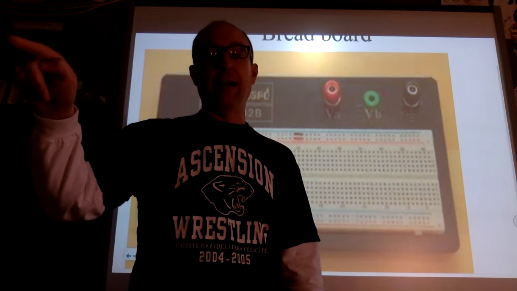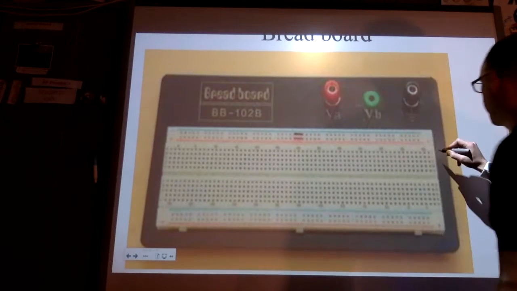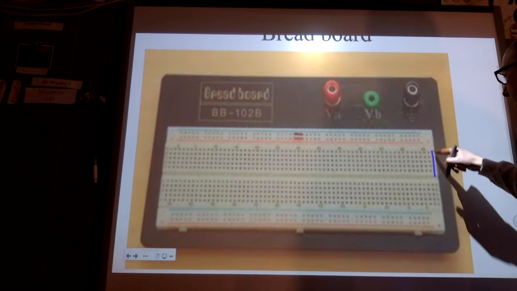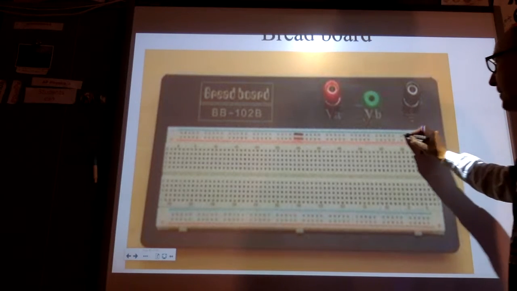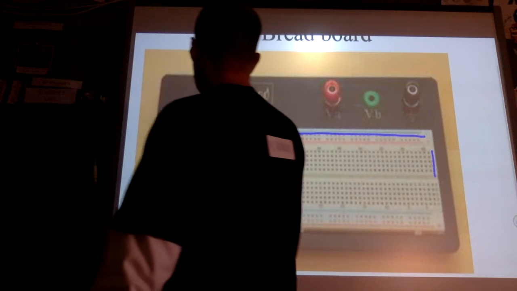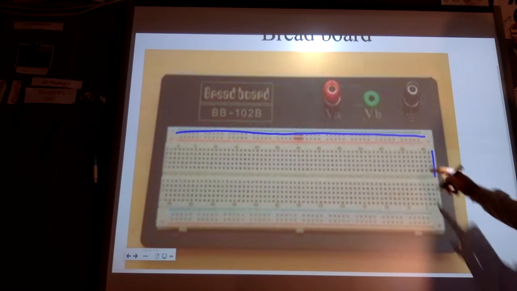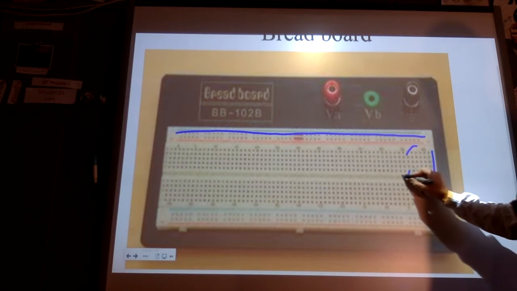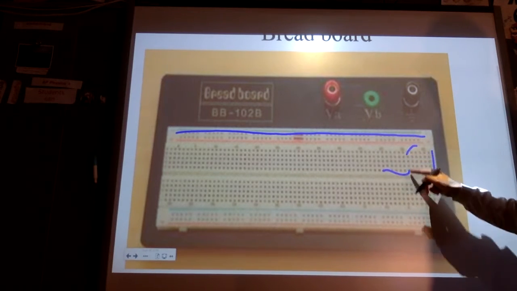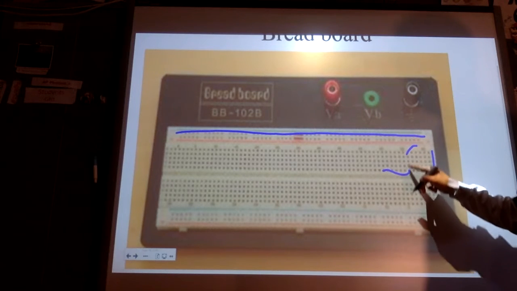So if you put a wire in, it'll hold that wire in that one spot. On these breadboards, all of these are connected to each other, all 5 of these across there. On the edges, these are all connected to each other. So the idea is that you could put something in this one and then put something else in that one. And since they're connected underneath here, which we can't see, I've now connected these 2 wires.